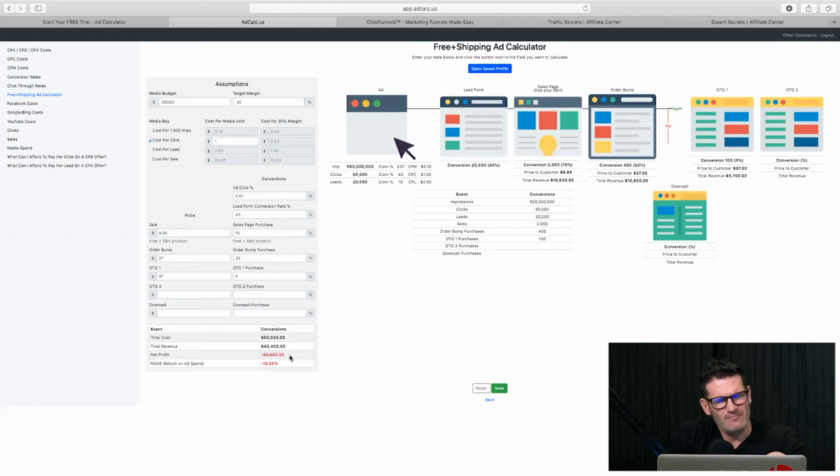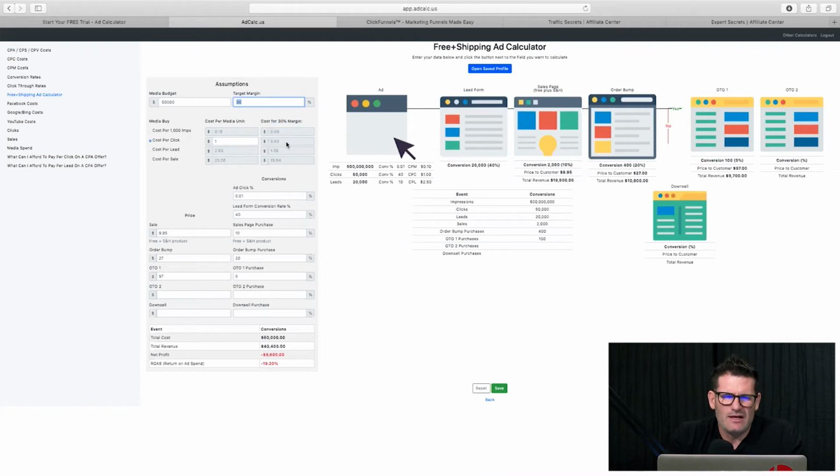But let's see how we can use this calculator to figure out how to make this work. And there's a lot of different things we could do here. The first thing we're going to do is come up here and look at, okay, well, I want to work on 30% margins. So if I want to do that, I'm going to keep everything constant. I'm still going to charge $9.95, $27 for the order bump, $97 for the OTO, and we're going to keep the conversion rates all the same.